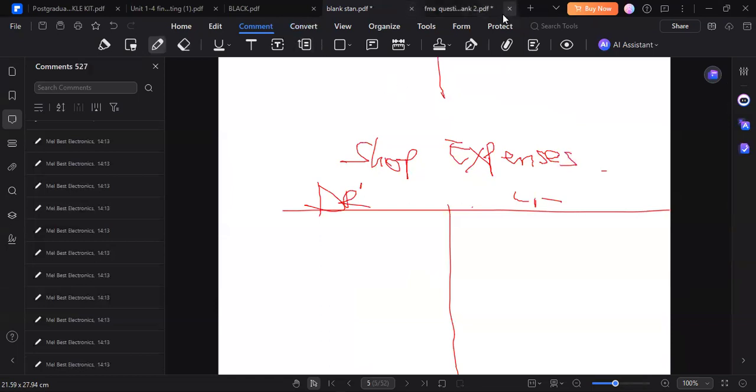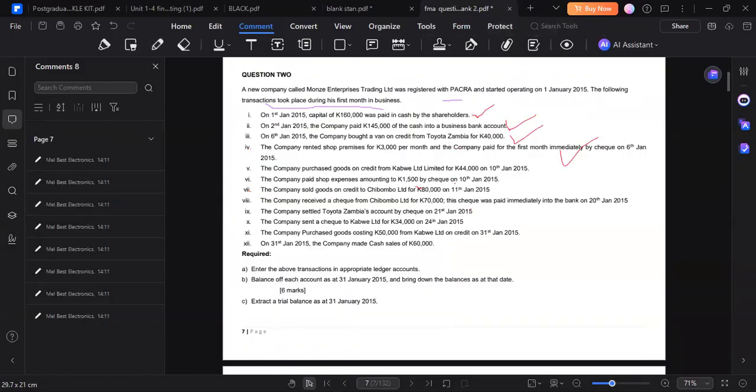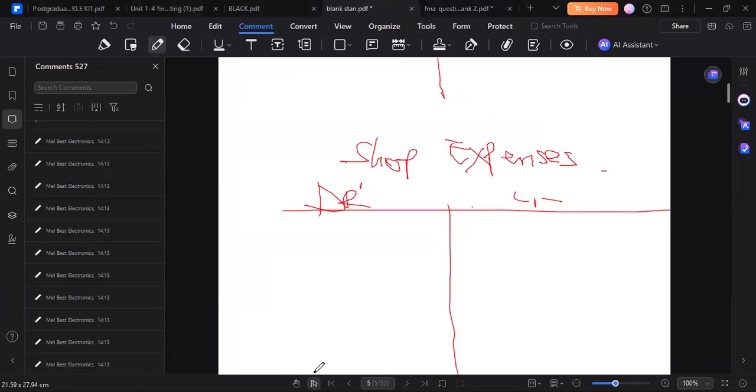The company paid for shop expenses of 1,500 by check. So we are going to debit the shop expenses account on this date.